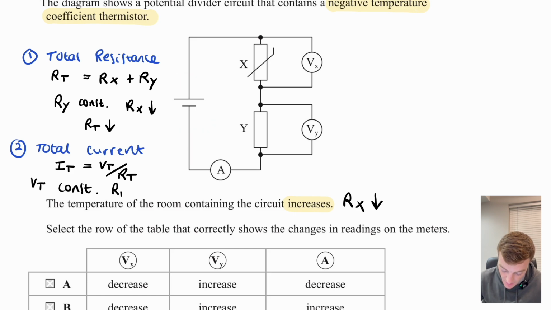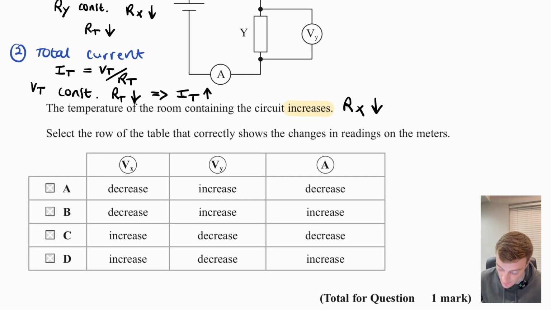We just found out that RT decreases. So this stays the same, RT decreases and it's on the denominator. So total current increases. So it implies IT increases. Okay, that's really good because now I can see total current must increase. So I know it has to be B or D.